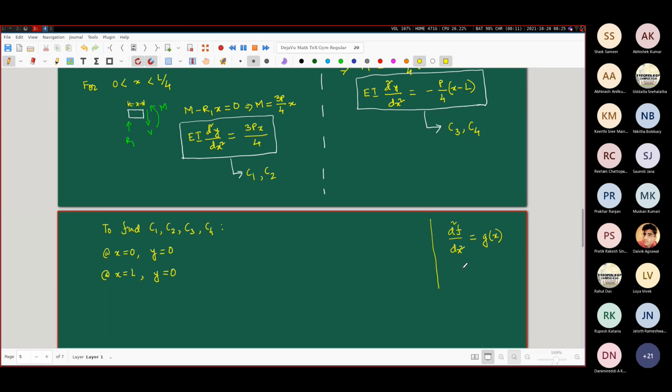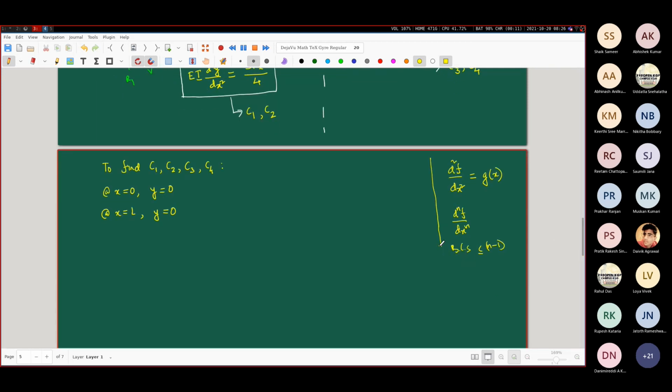Or if it is an order n equation, where n is an integer, the order of the boundary conditions should be less than or equal to n minus 1. Why is it so?